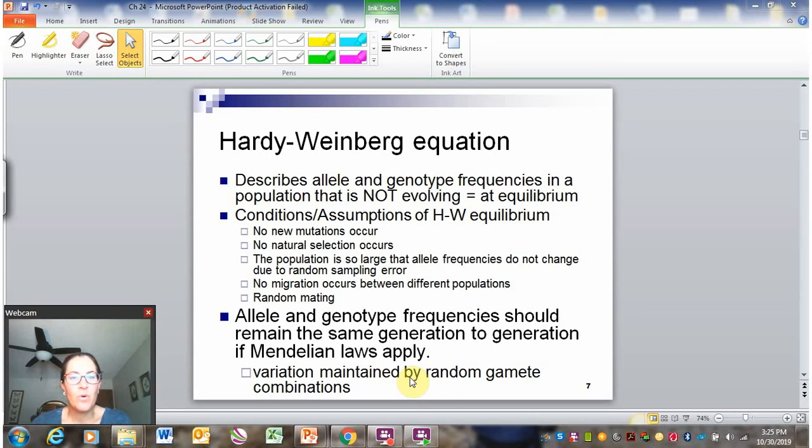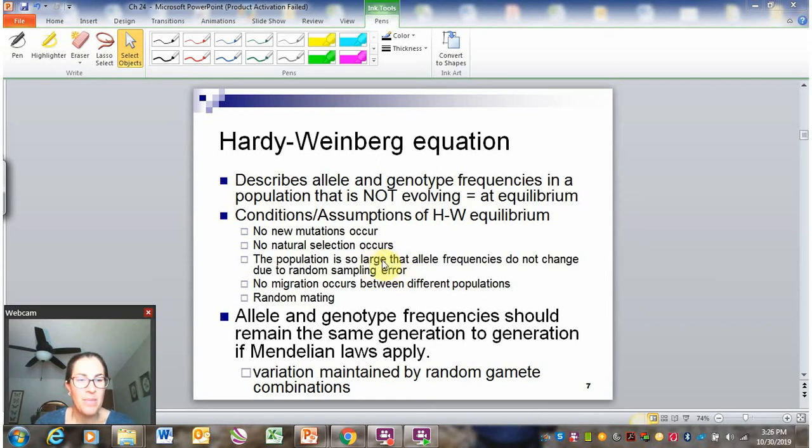So in order for a population to be considered in Hardy-Weinberg equilibrium, that is not evolving, there have to be several conditions that the population meets. So first of all, there can't be any new mutations occurring. Natural selection can't be occurring, so no natural selection. The population has to be very large, okay?